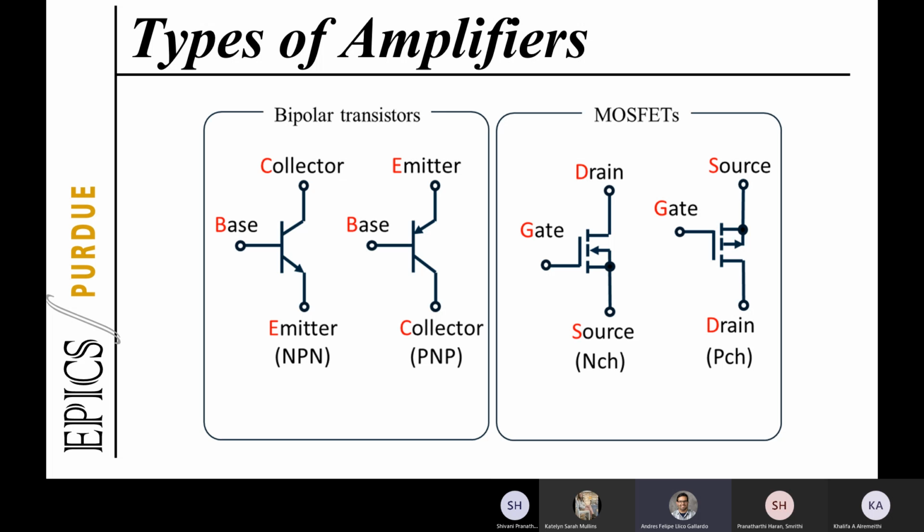What you need to keep in mind is that in the symbol that is used, there is an arrow: for the NPN, the arrow is coming out, and for the PNP, the arrow is coming in, and also the emitter and the collector are flipped.